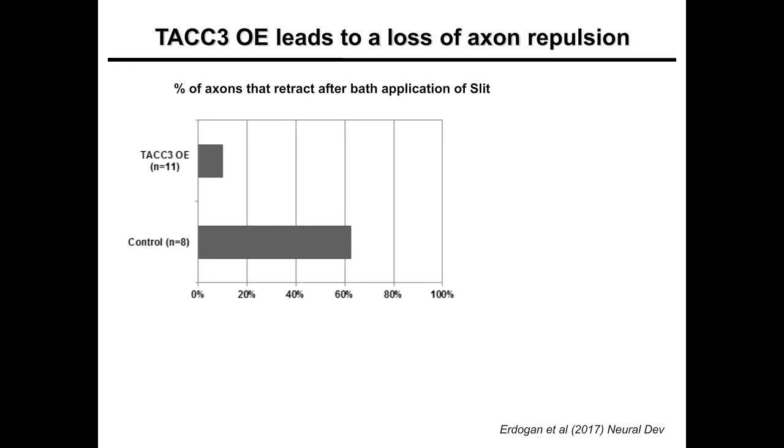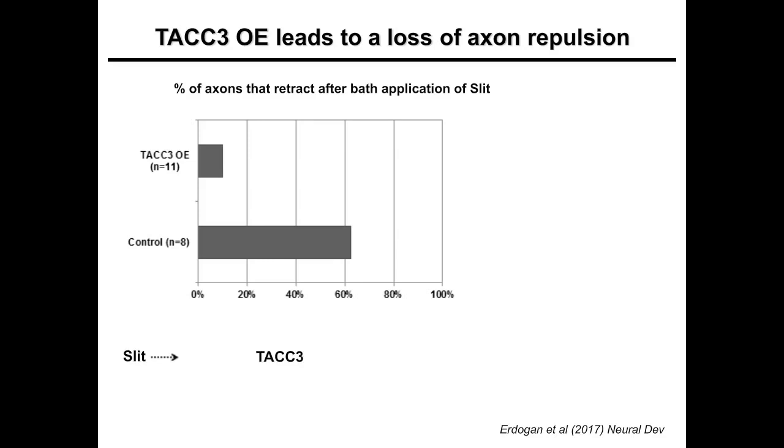When we bath apply slit, which is a traditionally repellent guidance cue, most control axons, more than 60% of them, will immediately retract in response to this repellent cue. But when TACC3 is overexpressed, only 10% of the axons will retract. And this again shows that TACC3 overexpression desensitizes the axons to repellent forces.